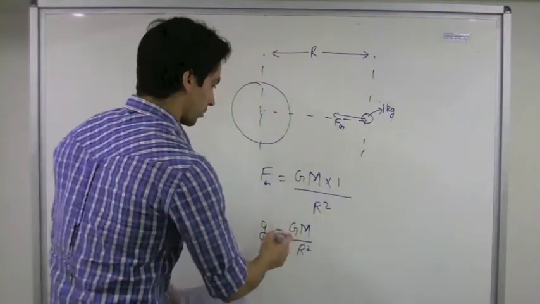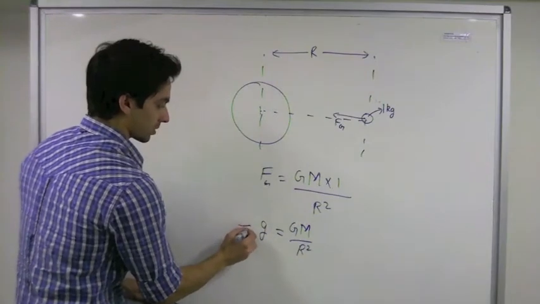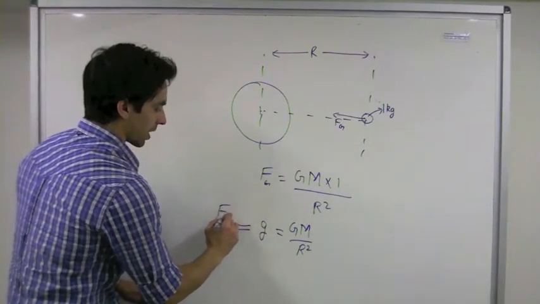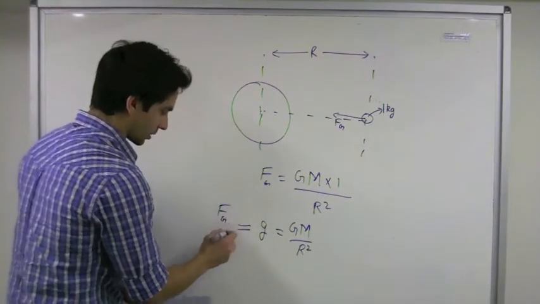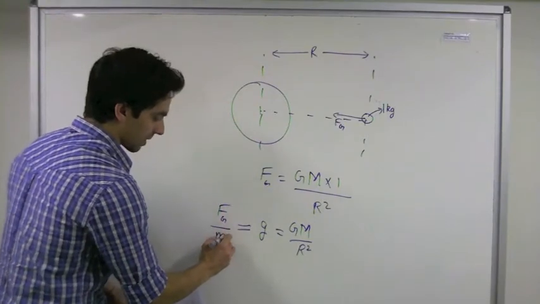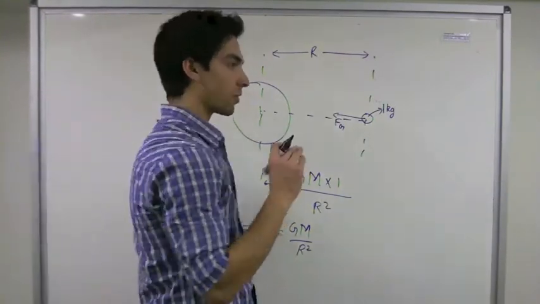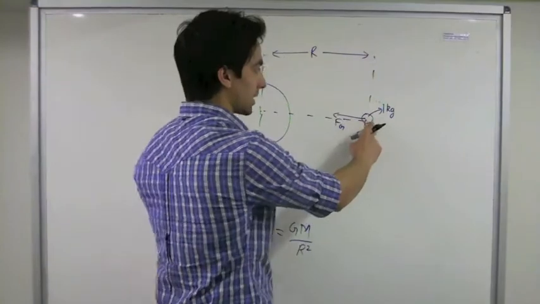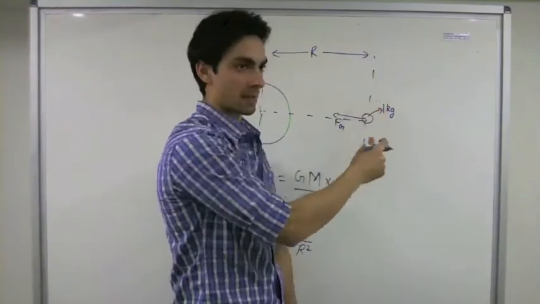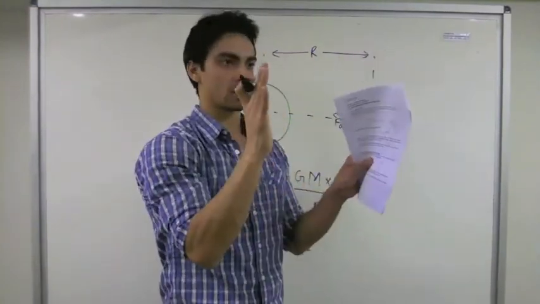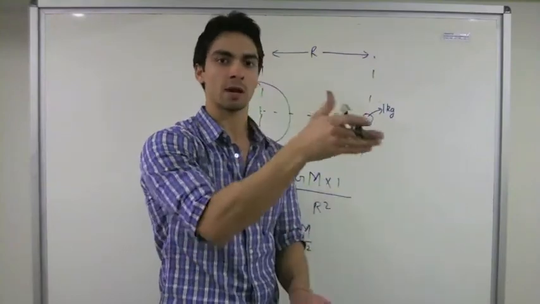Now, therefore, you can see that this is simply the gravitational force on a mass divided by the mass itself. Now, for definition purpose, we know that this is a unit mass, but this unit mass needs to be ideally concentrated at a point.